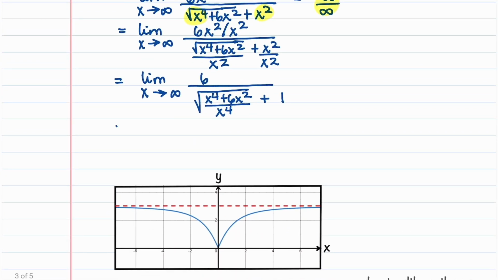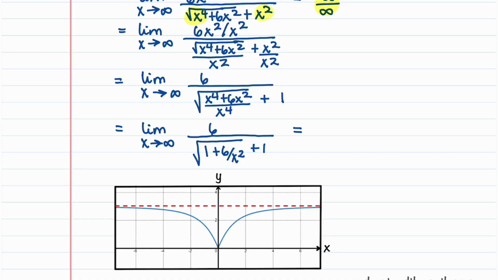Hang with me, we're almost done. We have one more step to do. On the top, we have a 6. Now we're going to divide out this x to the fourth. This is going to give us a 1 plus 6 over x squared, plus 1.